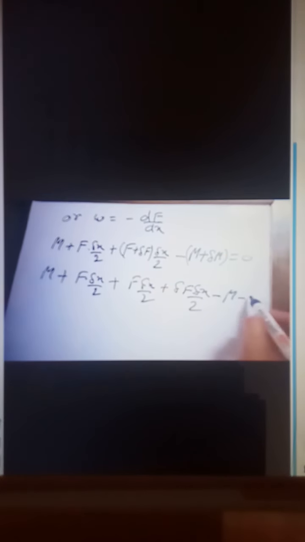So if we simplify it, that is M plus F delta x over 2 plus F delta x over 2 plus delta F into delta x upon 2 minus M minus delta M is equal to 0. So this term will be cancelled out, and we neglect this particular term, as these are very small quantities, and the product of these quantities will be much smaller.